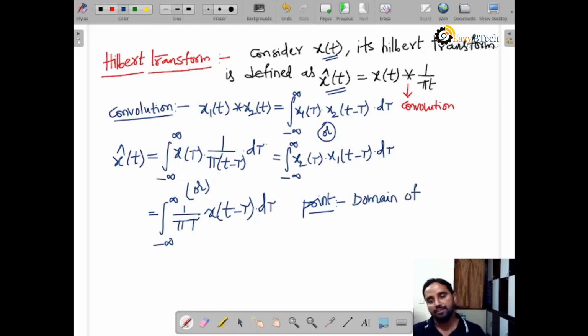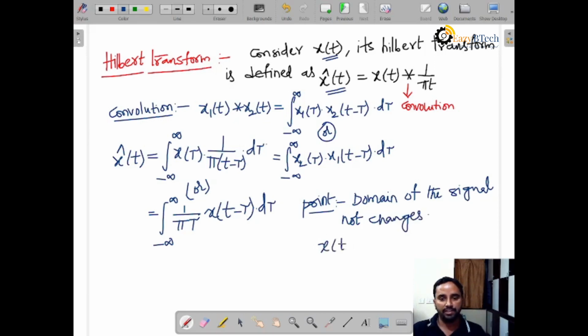Before Hilbert transform, after Hilbert transform, the signal is in the same domain, time domain.